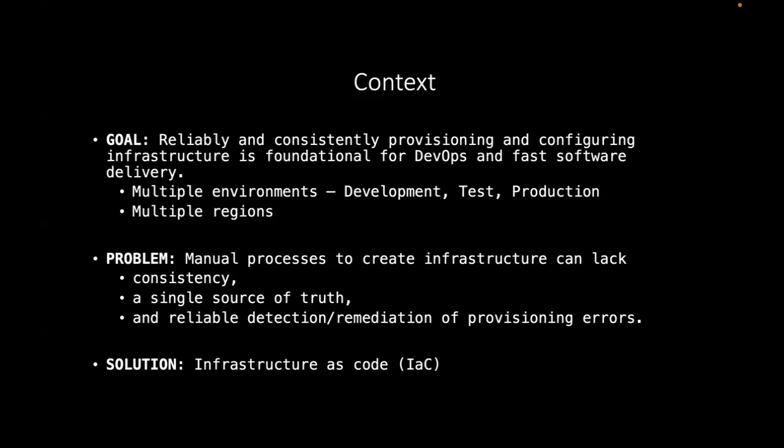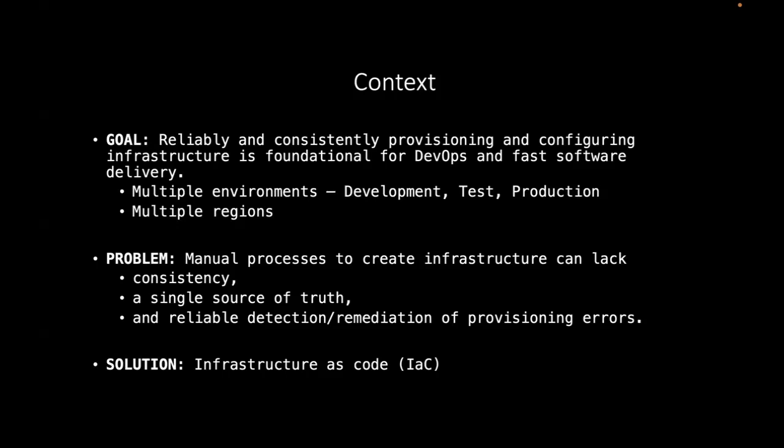And on the single source of truth point: you may document the exact steps a person should go through to manually provision the infrastructure. But if we want to change that infrastructure, we have to go back to the document and make the changes there. And then there may be multiple copies of the document floating around an organization. So there's no longer a single source of truth, and it just becomes unmanageable.